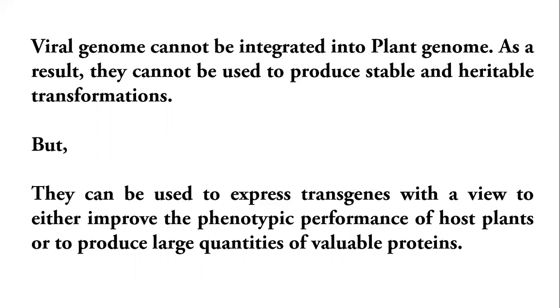The viral genome cannot be integrated into the plant genome, and thus it cannot be used to produce stable and heritable transformation. When we use the virus as a vector, these transgenic plants cannot transfer their genetic material into the next generation.